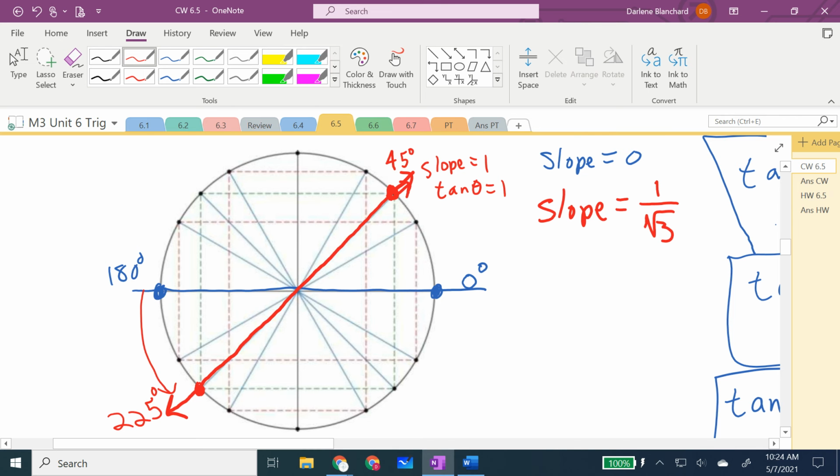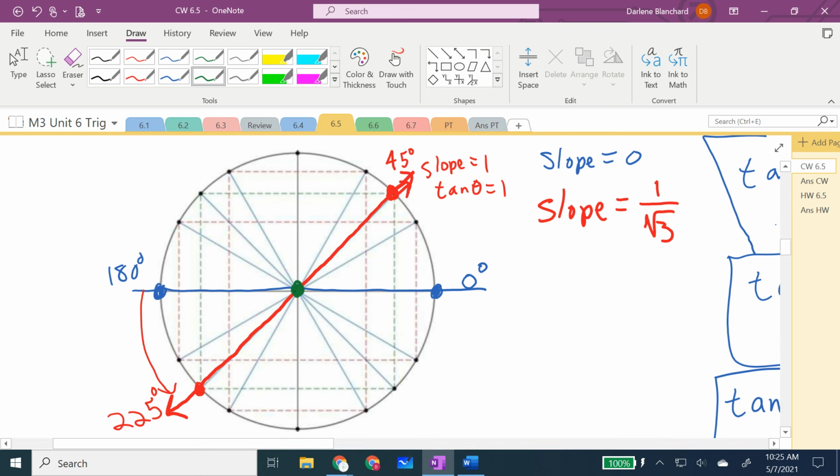There are only certain answers to tangent that you're going to be expected to deal with when you don't have a calculator. That's one of them, tangent being equal to positive 1. Another one is tangent being equal to negative 1.